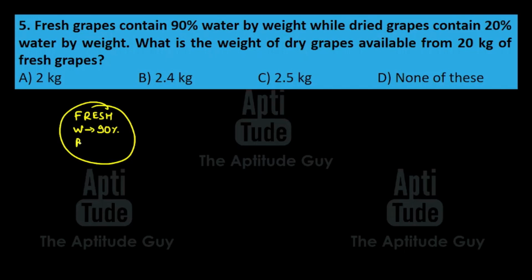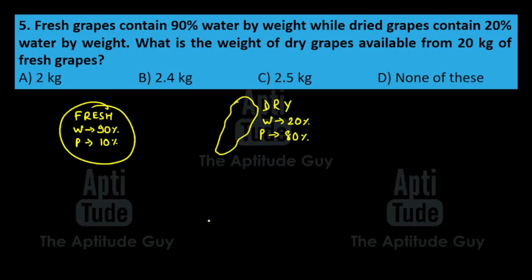So how much is the grape pulp, the actual essence of the grape? The pulp is the remaining 10%, obviously. Similarly, when it comes to dry grapes, these are the dry grapes, we have 20% water by weight. So water over here is 20%. So the main pulp is 80%.